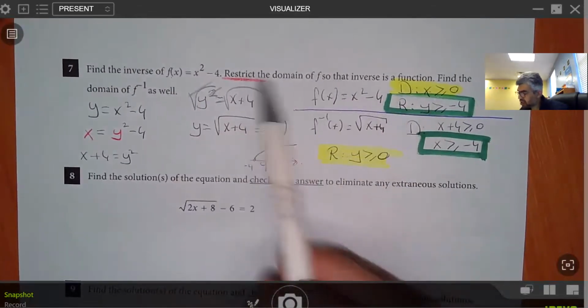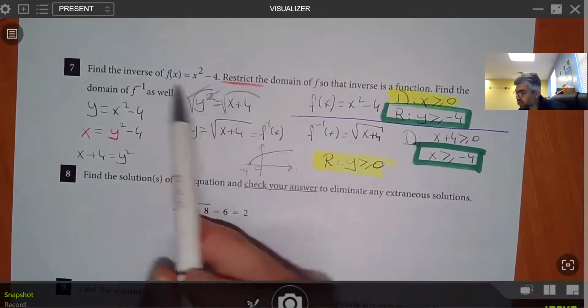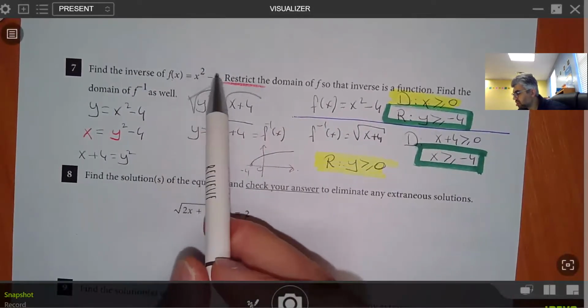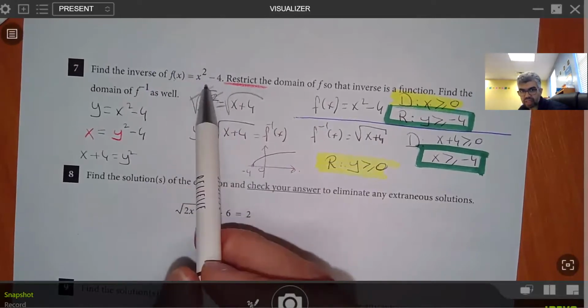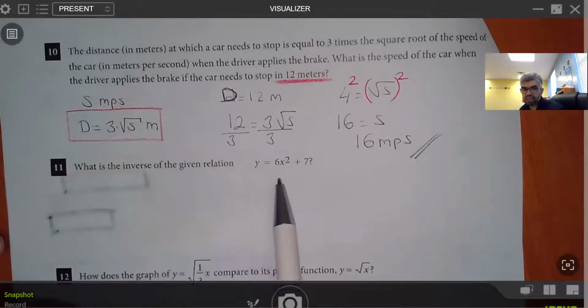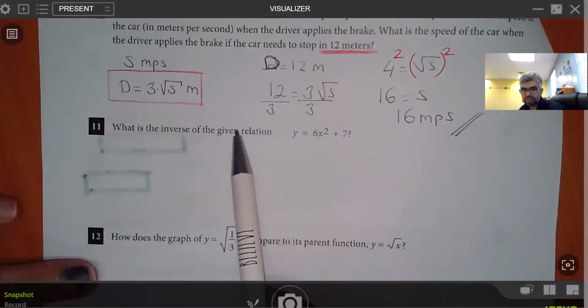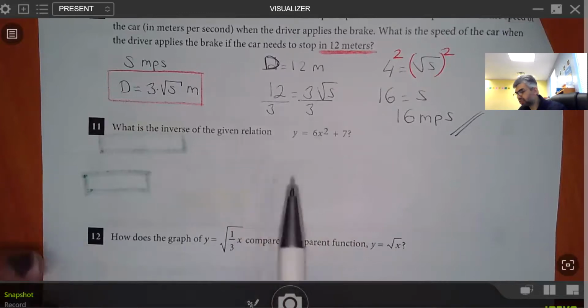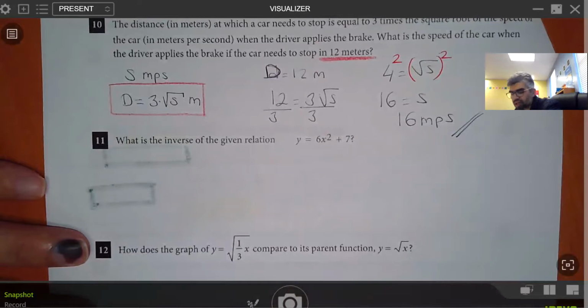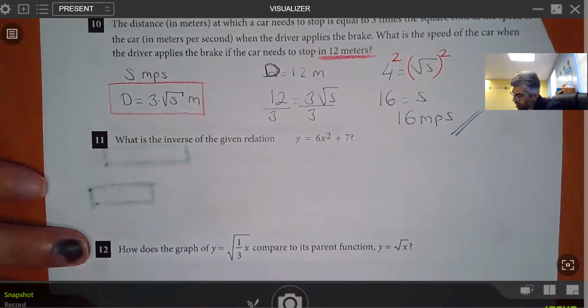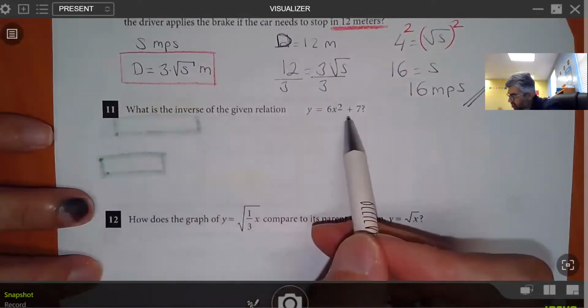If there is no restriction, the domain is all real numbers, and then we are talking about a relation. If there's a restriction, usually we are talking about functions. What is the inverse of the given relation?